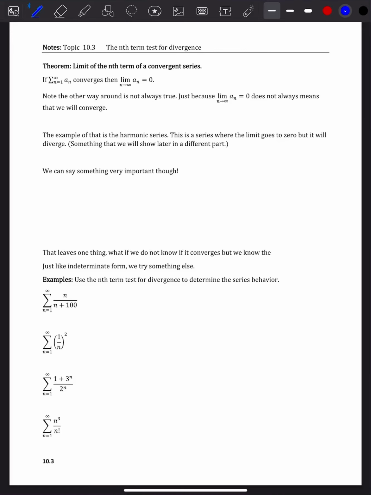So we're going to be talking about the nth term test for divergence, which comes from a theorem that's not even about divergence. So we have this limit of the nth term of a convergent series.